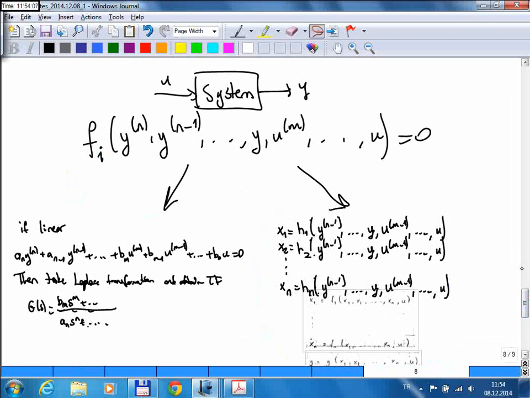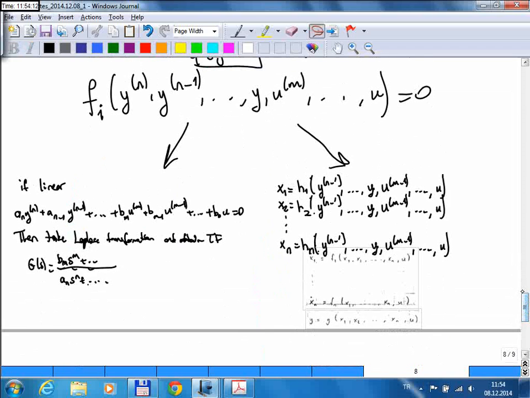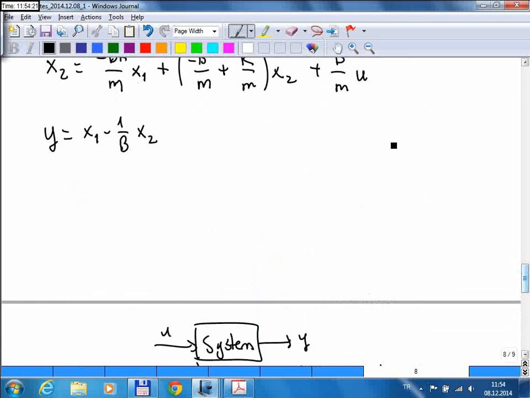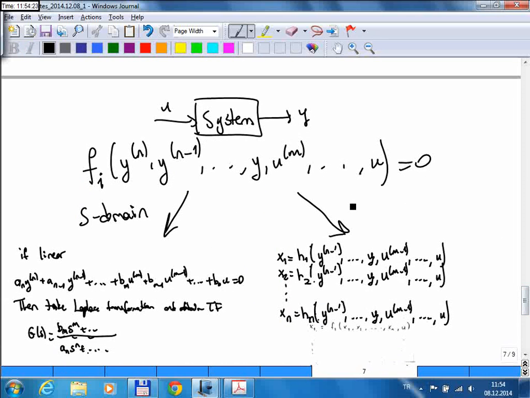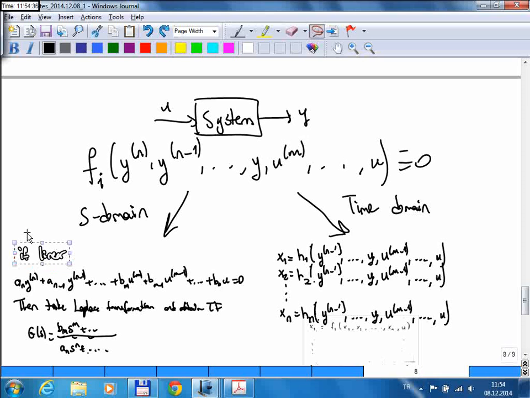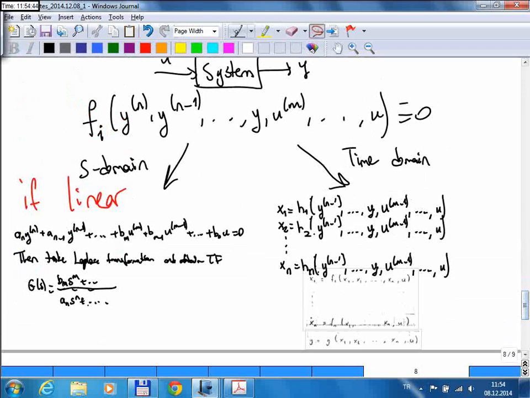So this is where we are. We're still working with systems. This goes to S domain, and this is time domain. An important thing: this is valid only if your system is linear, but this state space representation is valid even for nonlinear systems.